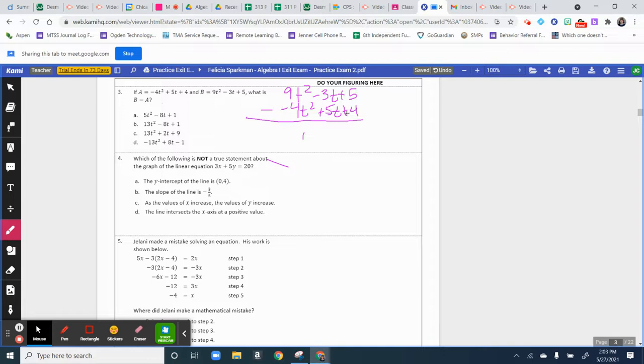So it changes all the signs. So it'll end up being 13t squared. Here you have negative 3 minus a positive 5. So you end up with negative 8t. And 5 minus 4, which is a positive 1. So you have to be really careful with these because when it's subtraction, each of the signs changes.